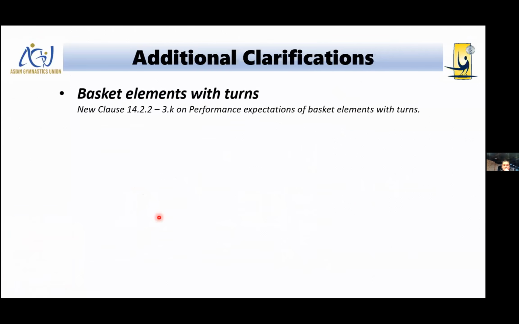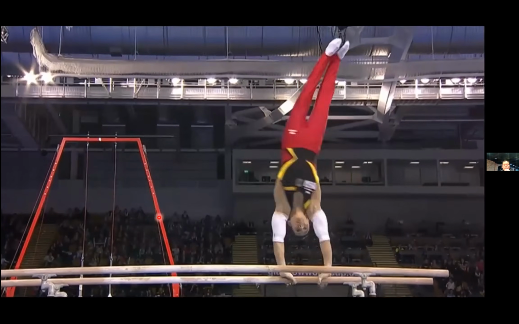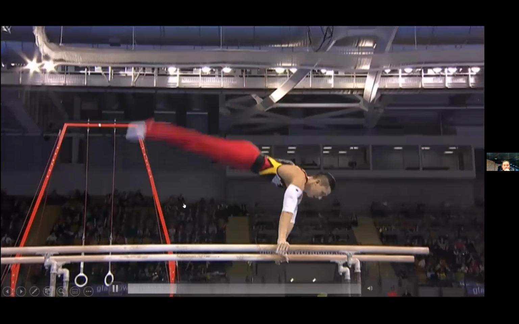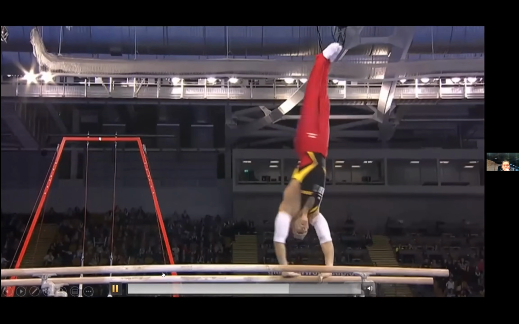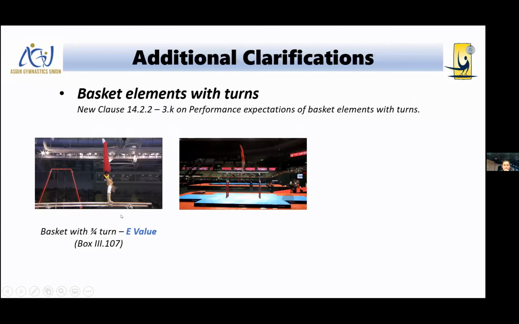Okay. Yeah, so first video. We'll watch the video again. If you see, he completes 3/4 turns and then again to handstand. So there is no problem with this because the direction is the same. If you see the orientation of the gymnast, he has come back to the same original position.